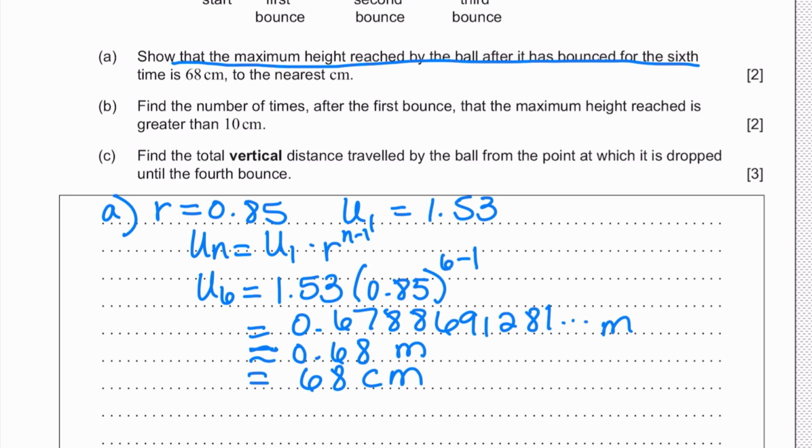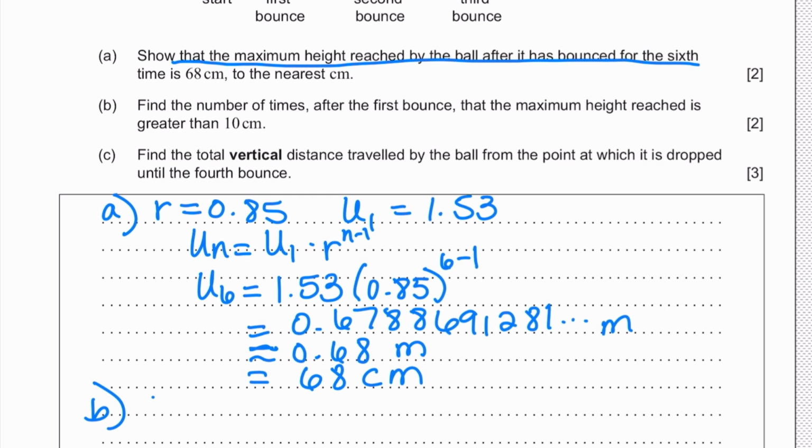Now we go on to part B. In part B, it says, find the number of times after the first bounce that the maximum height reached is greater than 10 centimeters. So I'm going to set up the problem 1.53 times 0.85 to the n minus 1 power.